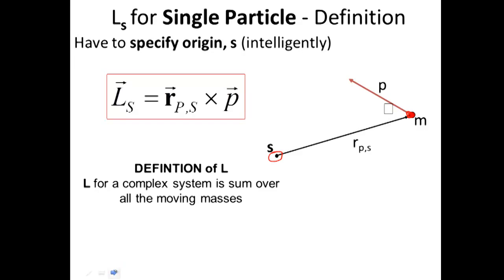That's the definition of angular momentum, and if you have a complex system that is a number of different point particles, or if you have a rigid body, which you can consider as a number of individual mass point particles, then you just add it up. You add up the angular momentum for all those things, and that's the angular momentum for the system.